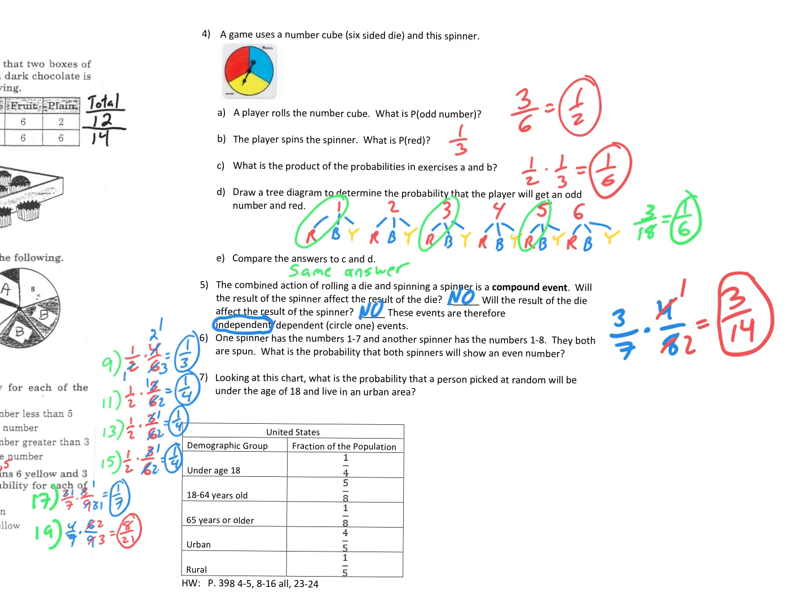All right, here are the answers for 1 through 6. I didn't have room right here to finish off number 7, but let's go ahead and do that one together. What's the probability that a person picked at random will be under the age of 18? So we've got a 1 out of 4 probability of that. And live in an urban area, 4 out of 5, okay? All right, so we are going to simply multiply those numbers together.